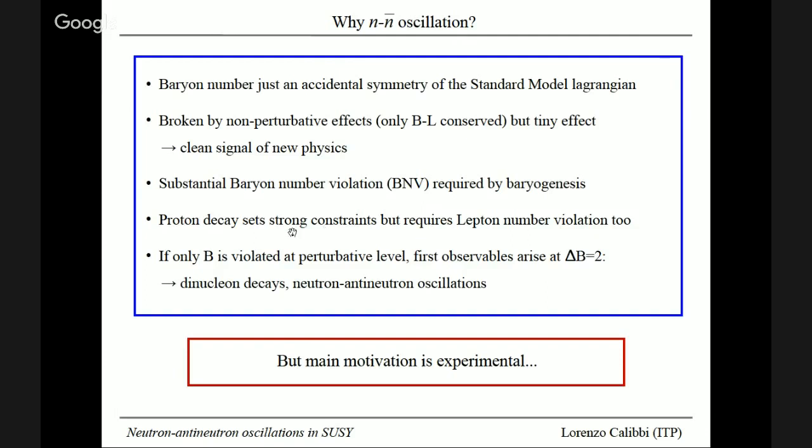And processes of this kind are precisely neutron-antineutron oscillation, and as we will see later, possibly also dinucleon decay, so the decay of 2 nucleon particles inside nuclei. The main motivation for studying these processes, or for reviving this process that has been studied quite extensively in the past, but not so much lately in recent years.